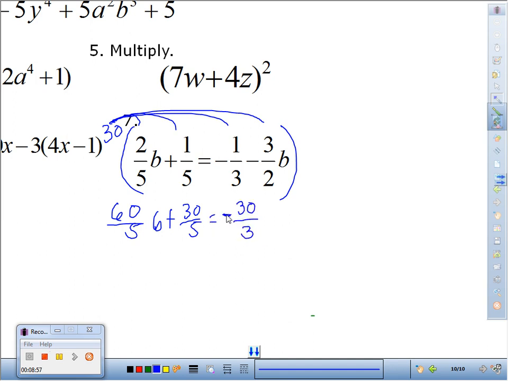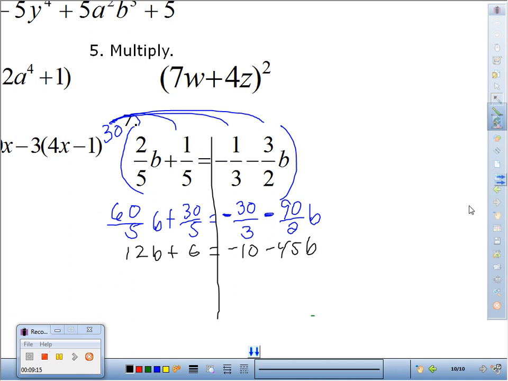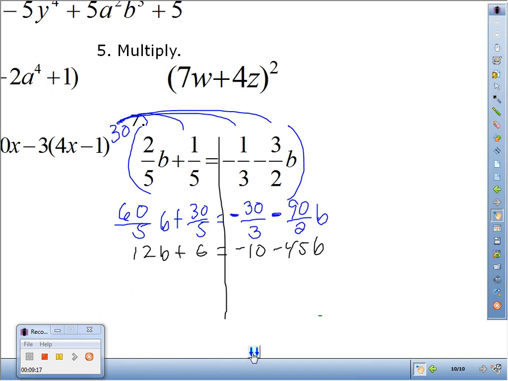Some of you forgot this negative. Check on that. Minus 90 over 2b. Are we there so far? All right. And let me simplify this. This is 12b plus 6 equals negative 10 minus 45b. So far, so good?